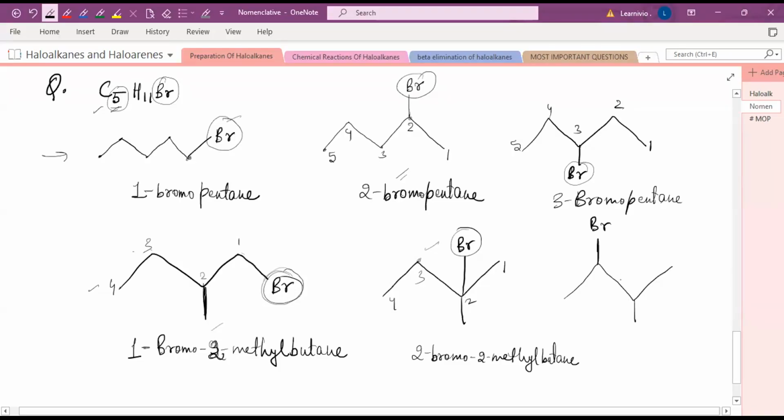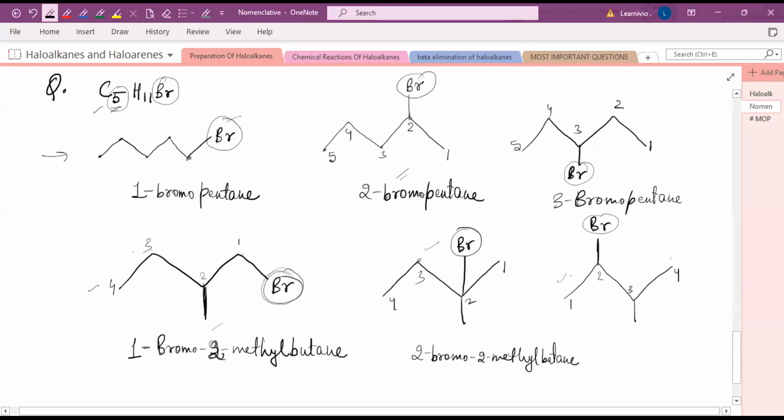And what is the name of this? So 1, 2, 3, 4. Right. So try to name the halogen. Give the halogen the lowest number, right? When you start the numbering from here, 1, 2, 3, 4, the halogen will get the third number. But when you start the numbering from the left side, it will get the second number.